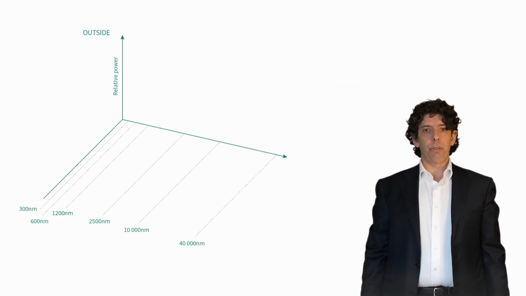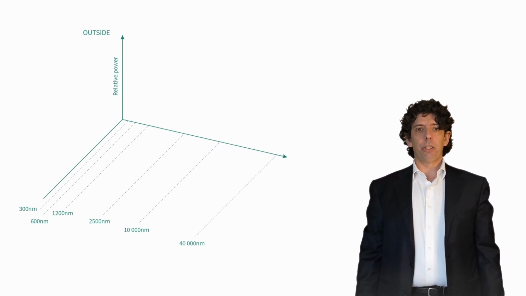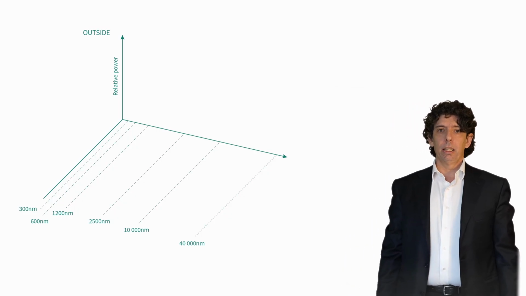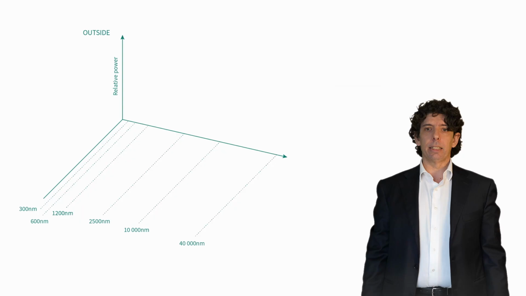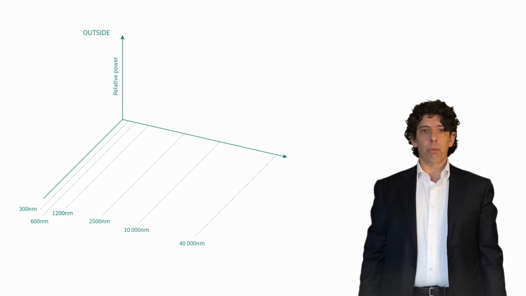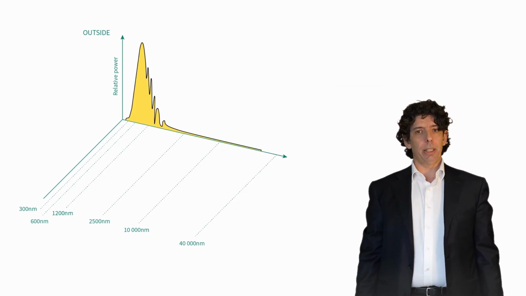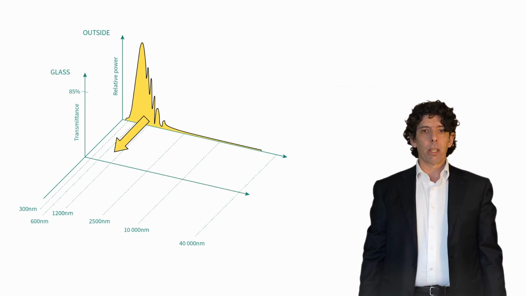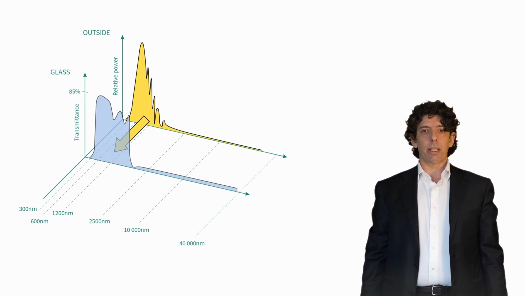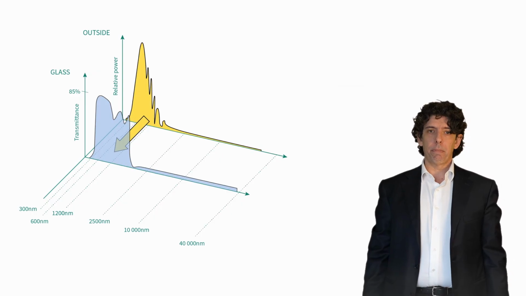As explained in the previous slides, only a part of the solar radiation enters the building, depending on solar factor and visible light transmittance of the glazing unit. In this example, given the solar spectrum in yellow and the glazing unit with its transmittance diagram, only part of the solar spectrum is allowed to enter inside the building.